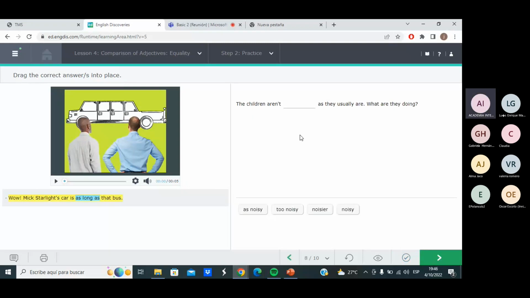Number 8. The children aren't as usual. What are they doing?